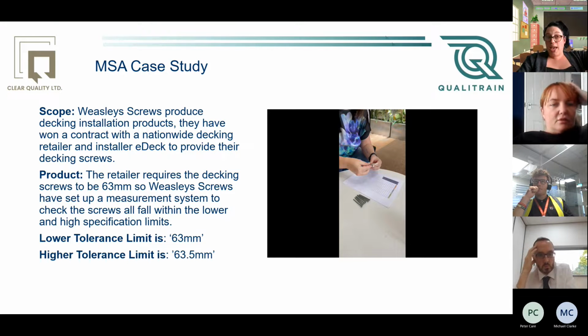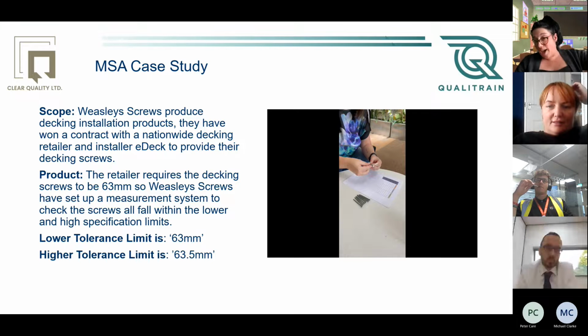So the scope of our case study today is Weasley Screws, who produce decking installation products. They have won a national contract with a national decking company, retailer and installer called eDeck to provide their decking screws. The retailer requires the decking screws to be between 63 millimeters and 63.5 millimeters.